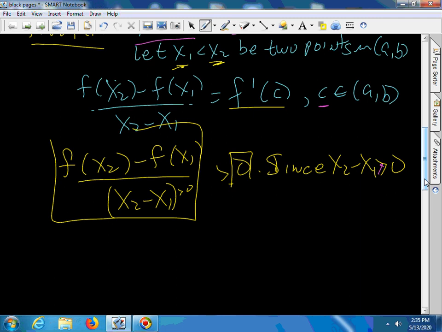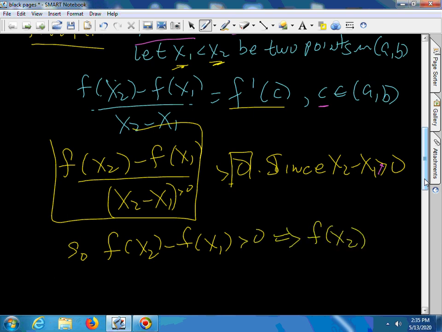So f of x2 minus f of x1 must be greater than 0, which implies that f of x2, the higher x value, is bigger than the smaller x value.